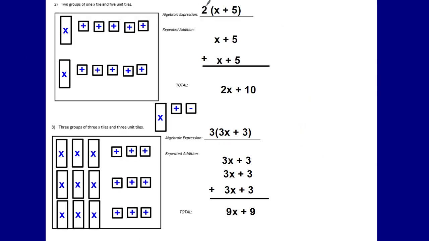Okay, let's see if it works over here. If I want 2 groups, that means I want 2 x's, 2x, and then 2 of the 5's. 2 times 5 is 10. 3 times 3x makes 9x's, and then I want 3 groups of this positive 3, so 3 times 3 is positive 9.